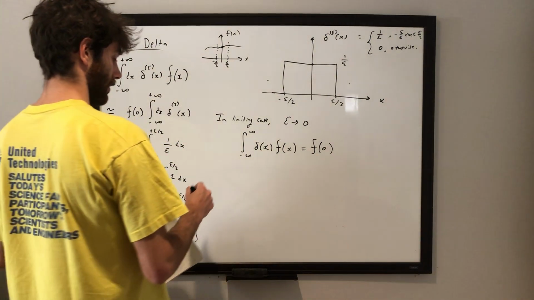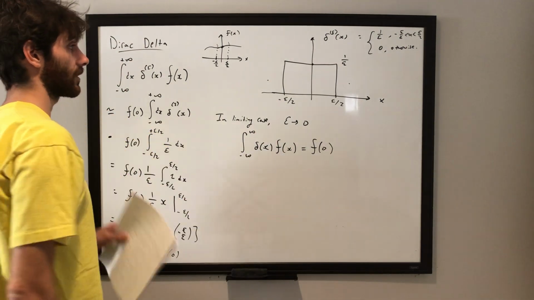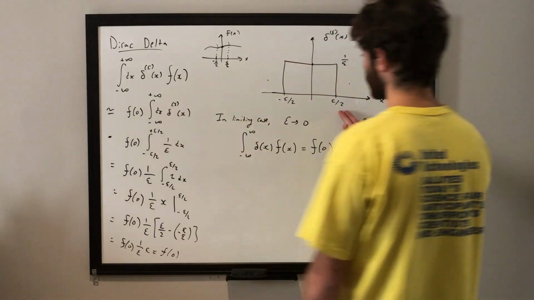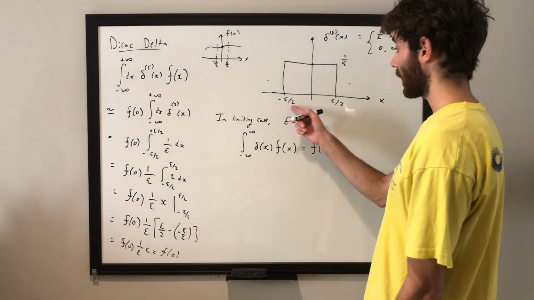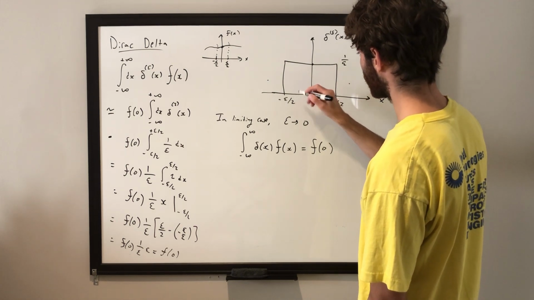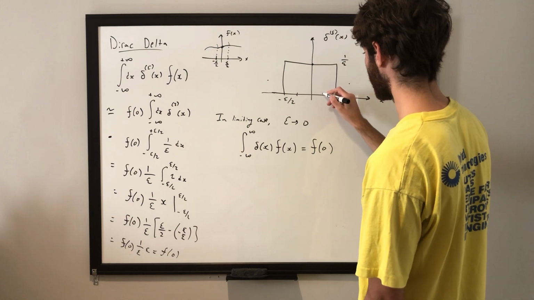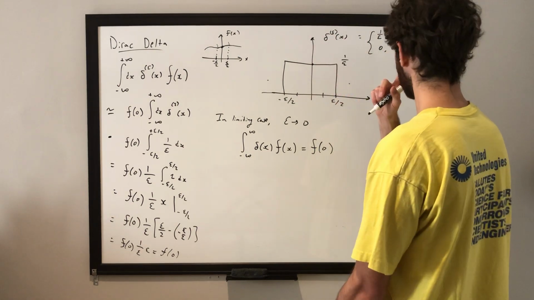Now, the idea behind this is, in the limit that epsilon goes to 0, if I imagine dividing epsilon in half, then the width shrinks. So we get some new function that's only within this smaller window, but the height grows at the same rate.